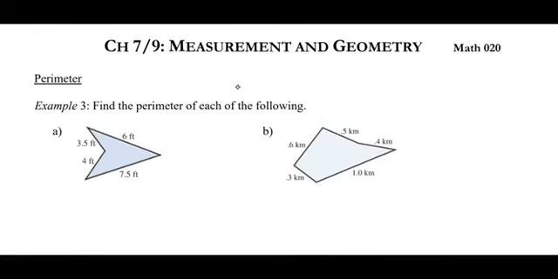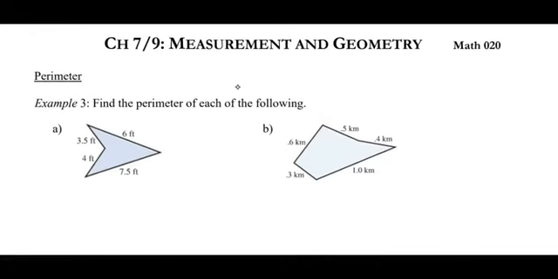Okay. So now remembering that perimeter means add all sides, and the area equals length times width for the rectangle for now. All right, so in example 3, let's not worry about the area for now.